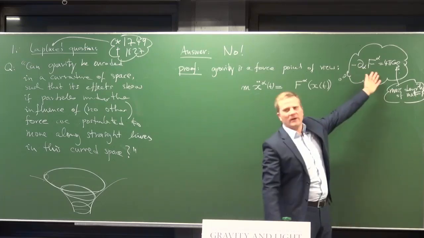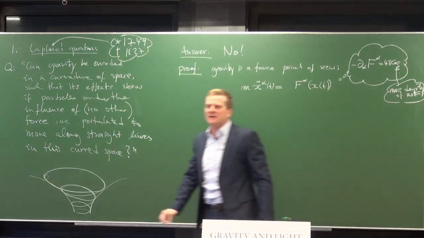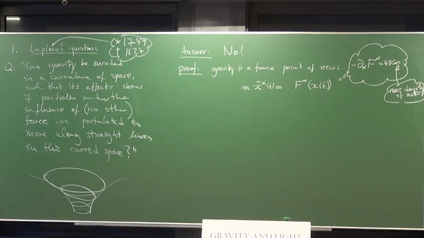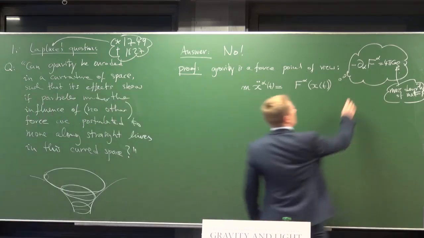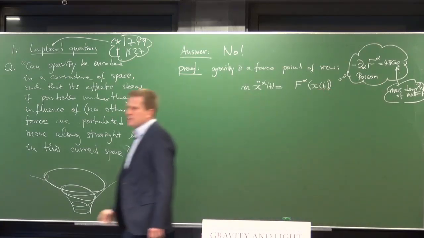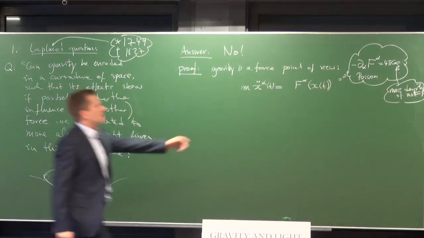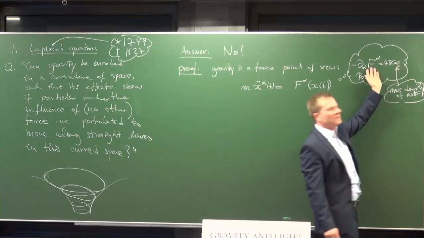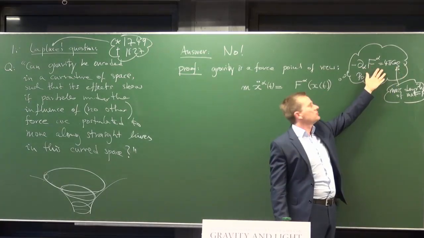You usually write the F as the minus the gradient of the gravitational potential, then you have Poisson's equation, and Poisson's equation is the gravitational field equation in Newtonian gravity, because depending on the masses around, it determines the gravitational force law. You need to solve this.